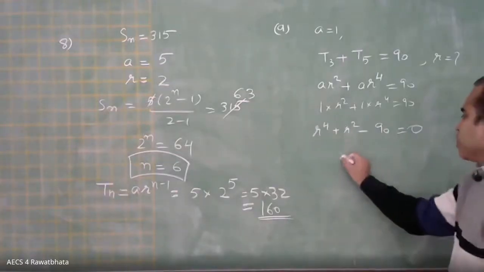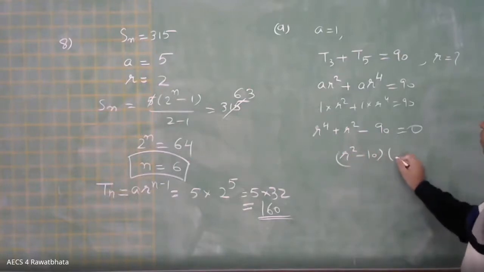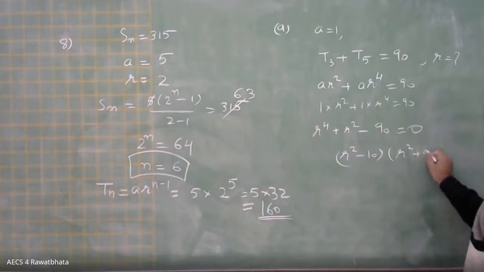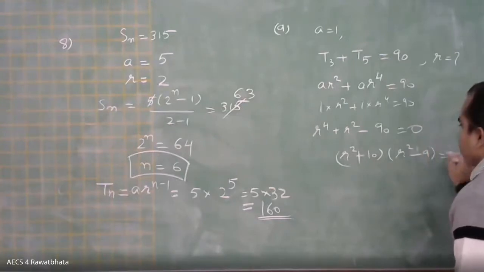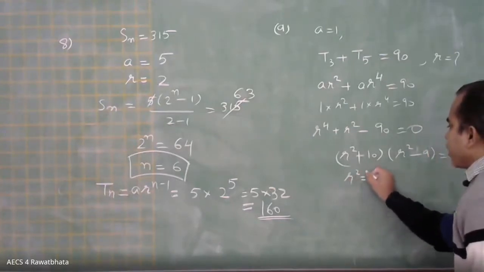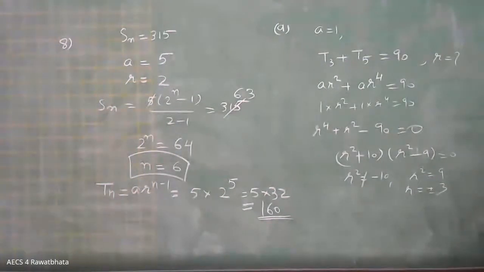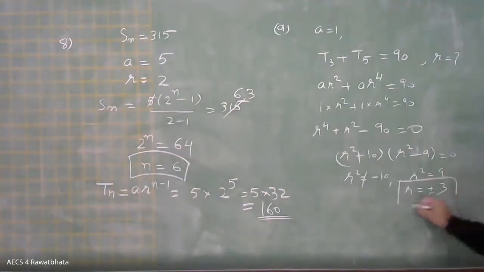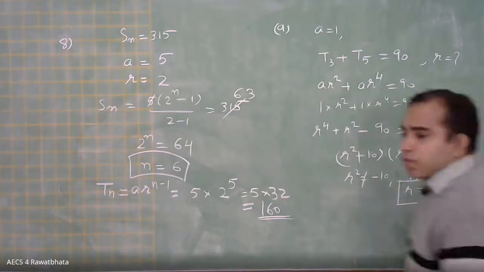R square minus 10, R square plus 9. Is this right? No. Plus 10 minus 9 equal to 0. Of course, R square will not be equal to minus 10. R square will be equal to 9, which will give you R equal to plus minus 3. So R, the common ratio, this only they were asking. That's it. We have got it.